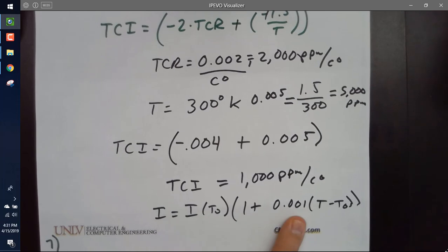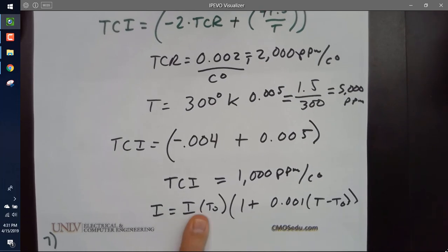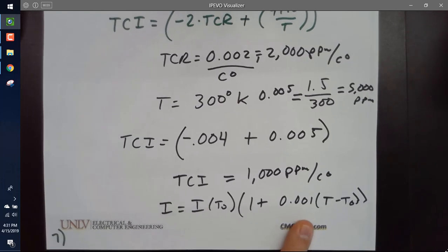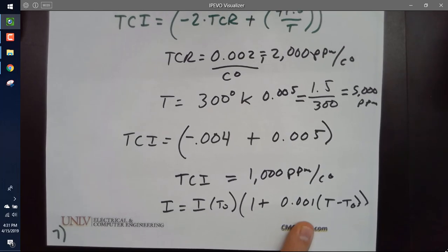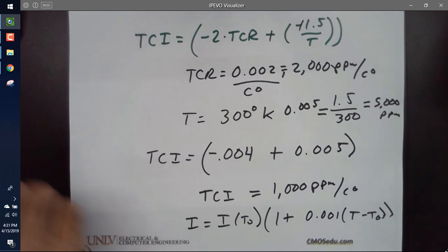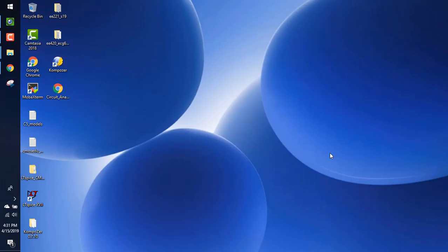So if I see the current's 20 microamps, and I multiply times 0.001, I should see 20 nanoamps change would be the derivative per degree C. Does anybody follow that? So let's do this. So I have to make sure I put these parameters in, but let's do the simulation.